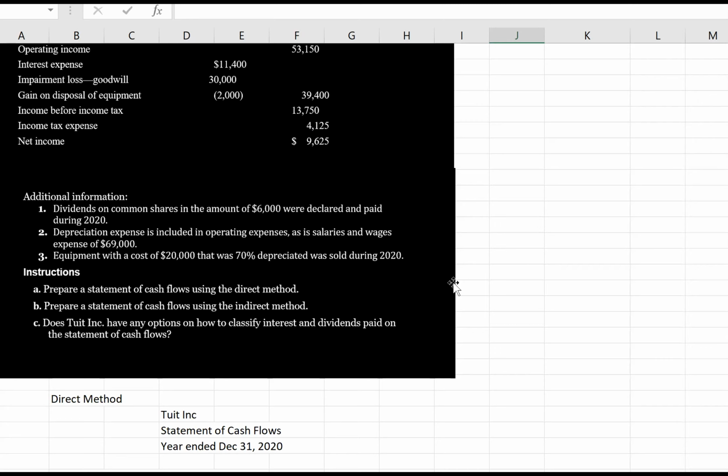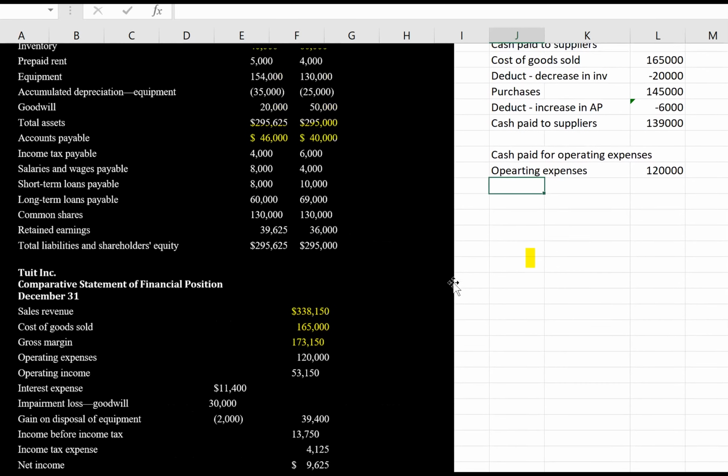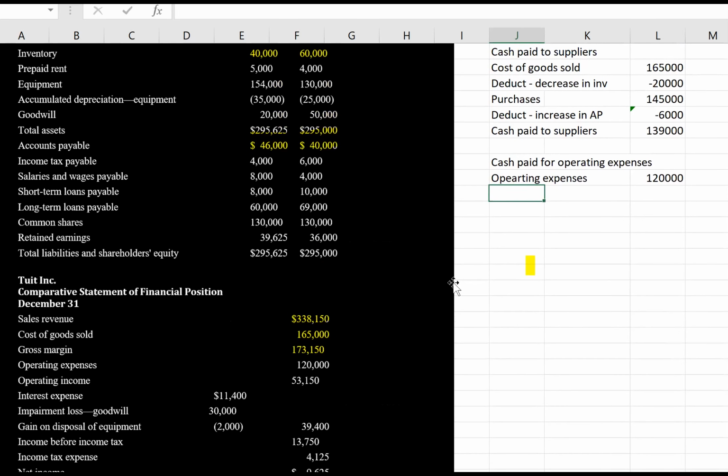It's an accounting concept. There's no actual cash paid for depreciation expense. And salaries and wages we're going to deal with separately on our cash flow statement, because if we look at our balance sheet, our statement of financial position, we have a specific line called salaries and wages payable, so we can isolate that separately.